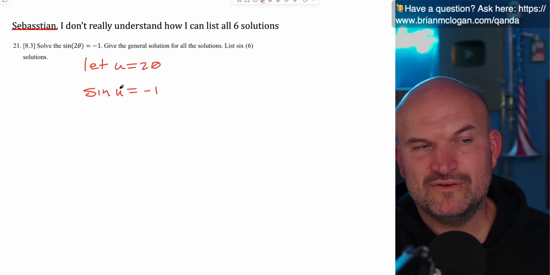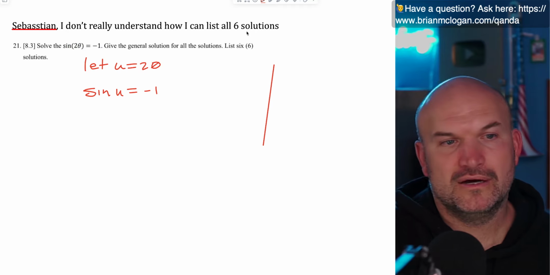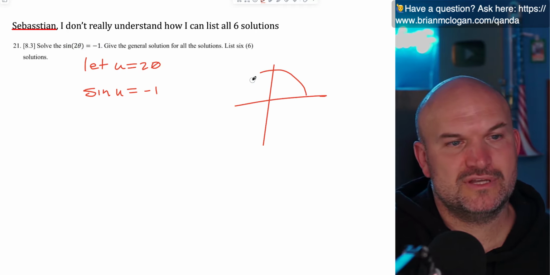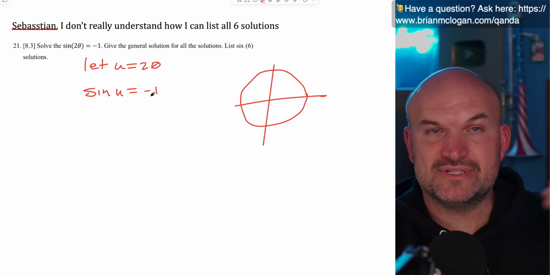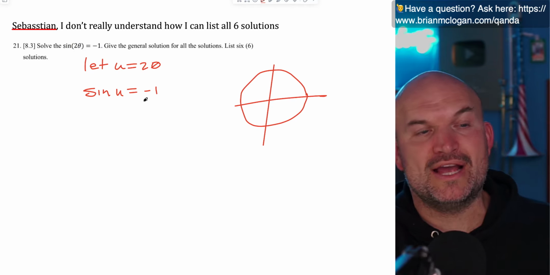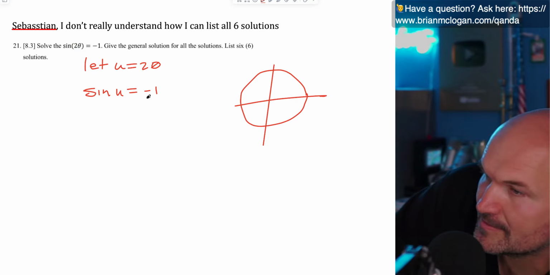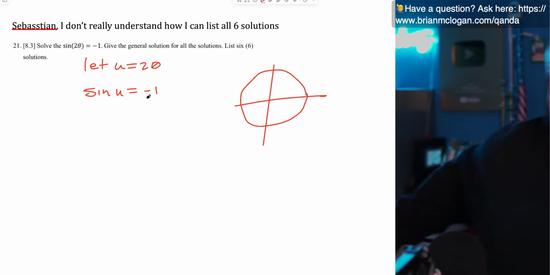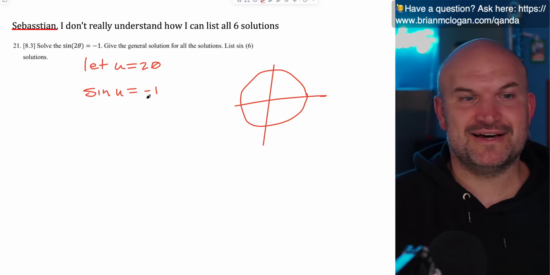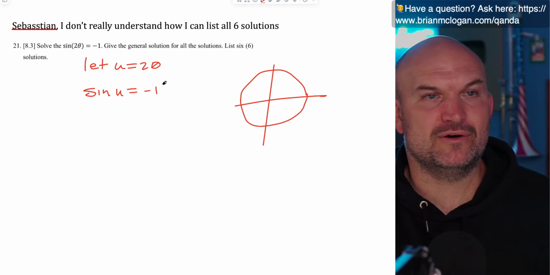Now again, sine of what angle is equal to -1? Well, we need to have some idea here of the unit circle. This is a horrible unit circle, but that's okay. When I'm saying the sine of what angle equals -1, basically tell me when is my y coordinate going to equal -1?